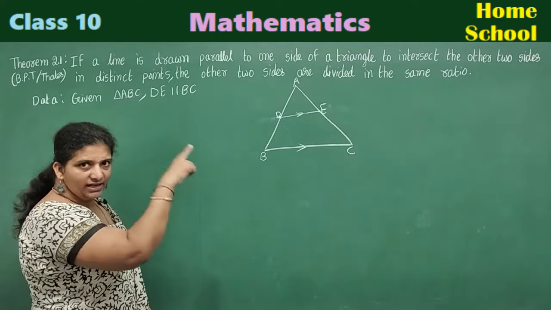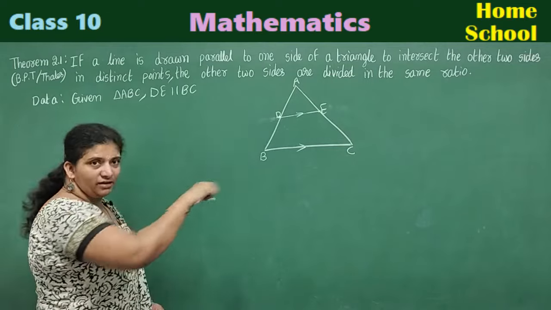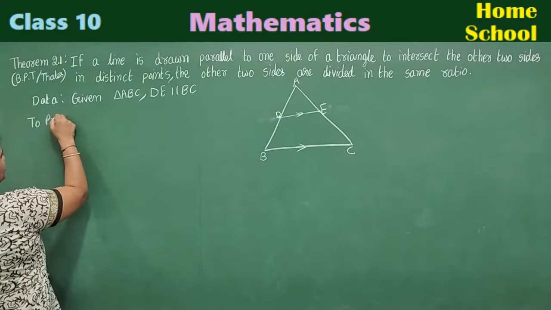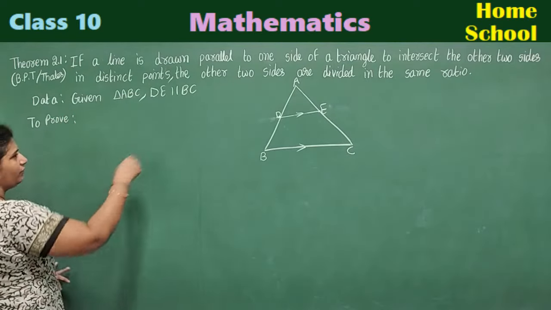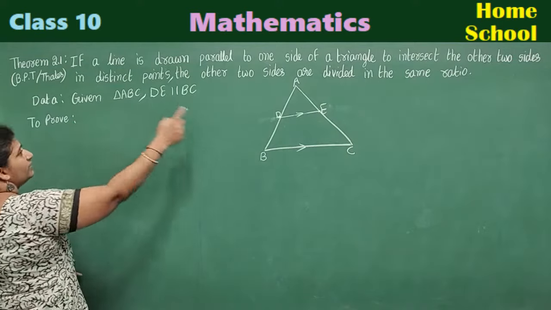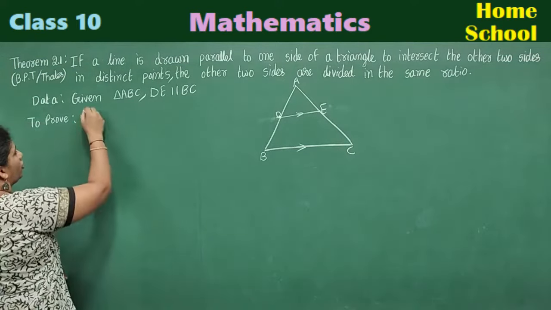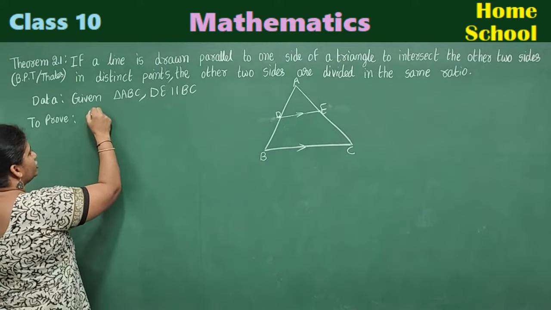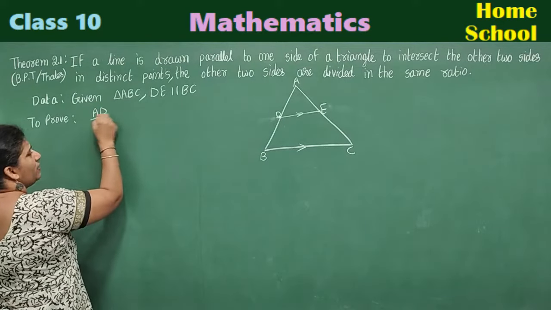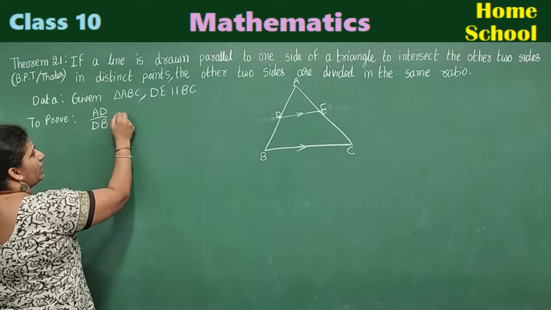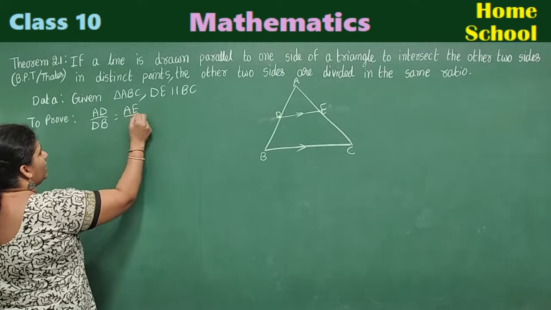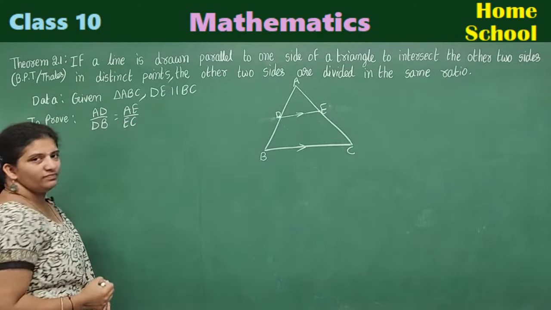ABC is a triangle given and DE is a line parallel to BC given. Next point, to prove. What we need to prove? The other two sides are divided in the same ratio. That means to prove AD by DB is equal to AE by EC.